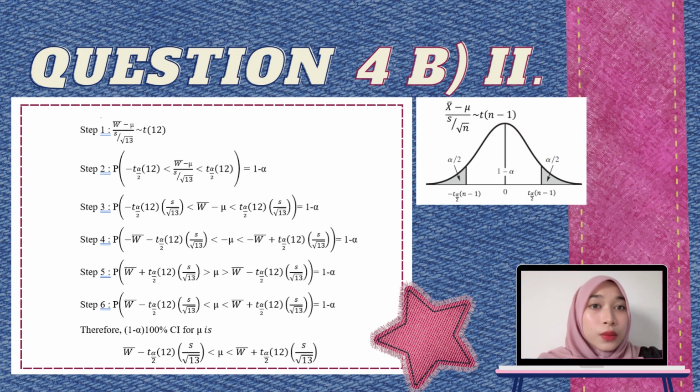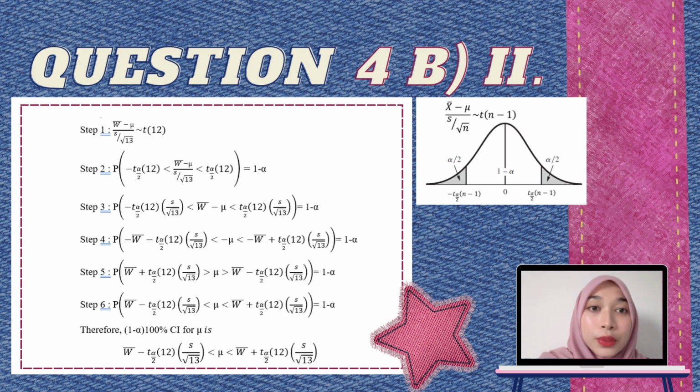So we proceed with the working. For step 1, I will explain all the variables in this distribution. W bar is the sample mean, S is the sample standard deviation, the square root of 13 is the square root of the sample size, and 12 is the degrees of freedom, which is n minus 1.